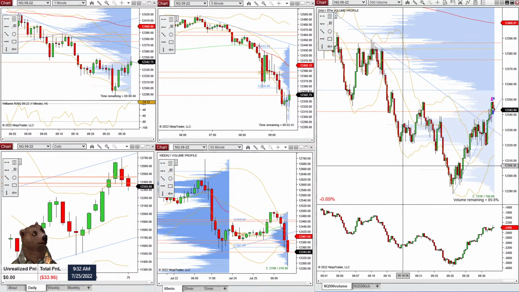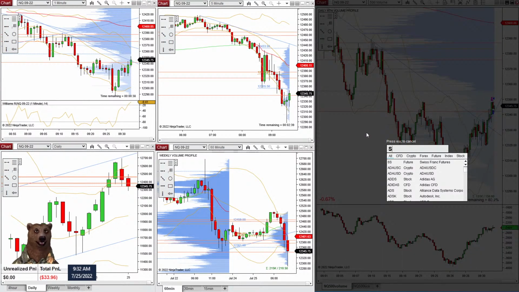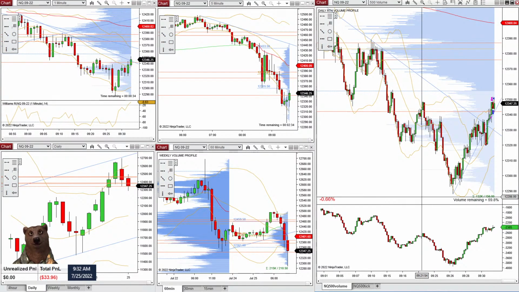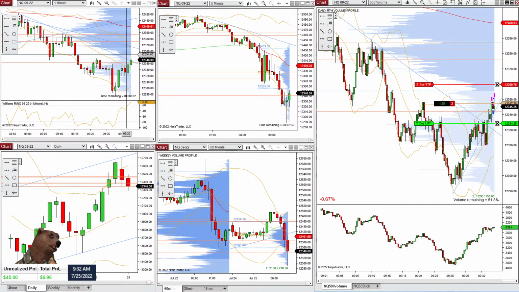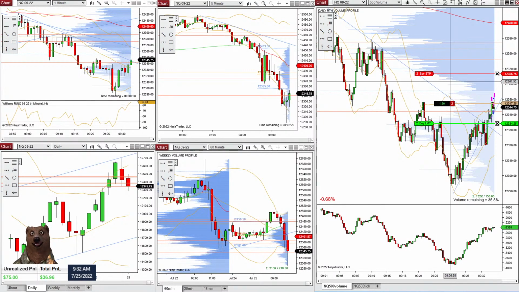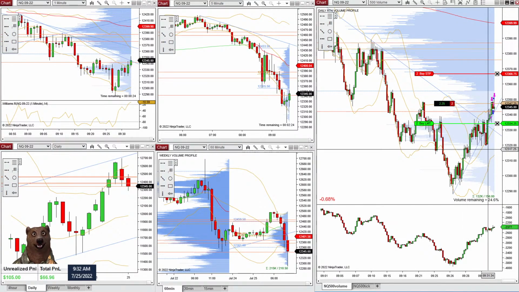Yeah. I still want to short this thing. Still want to go short. Sorry. 63 would be my stop. Move my stop up here. I might get in again if it pops up a little bit higher.